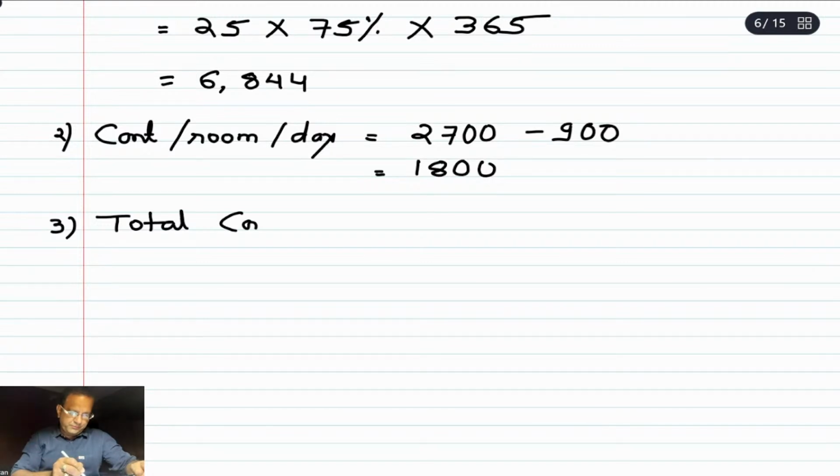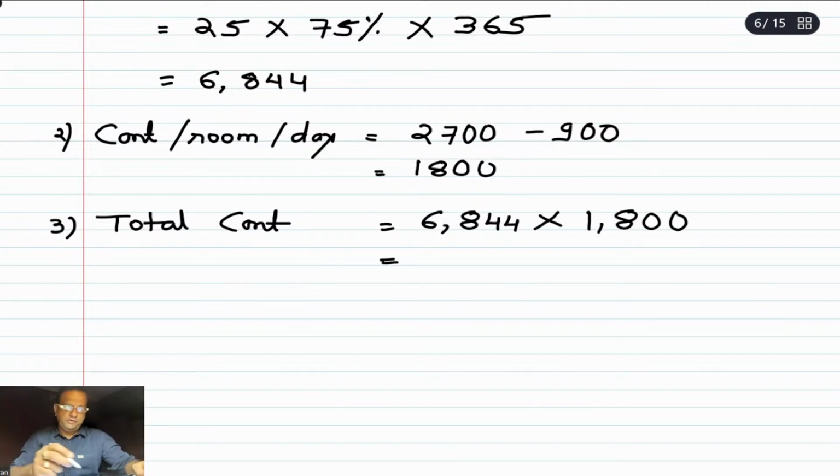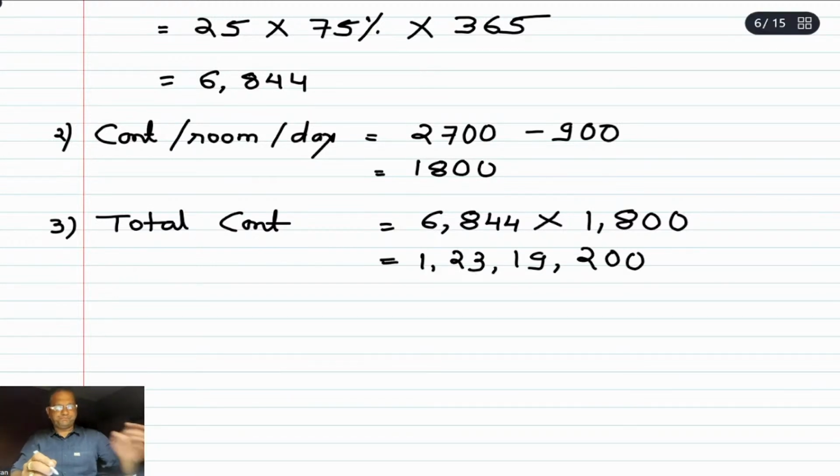Total contribution is equal to 6844 multiplied by 1800 rupees. So it is 1 crore 23 lakh 19,200.